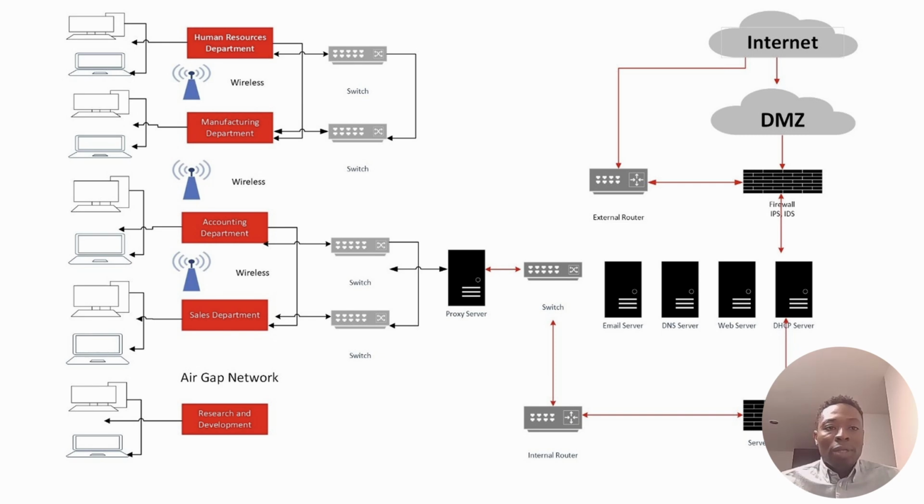Public network will include the internet. Incoming traffic would then hit the external router and then our firewall. Outgoing traffic will come from our departments and users. In addition, our intrusion detection and intrusion prevention systems are designed to constantly monitor our network for any malicious activity attempting to exploit a known vulnerability.